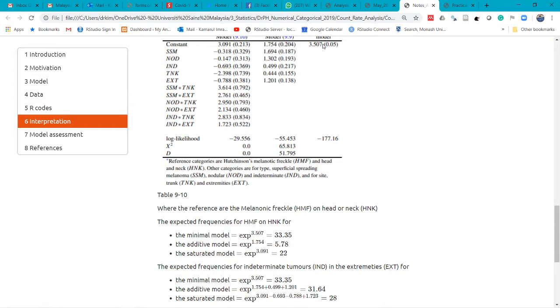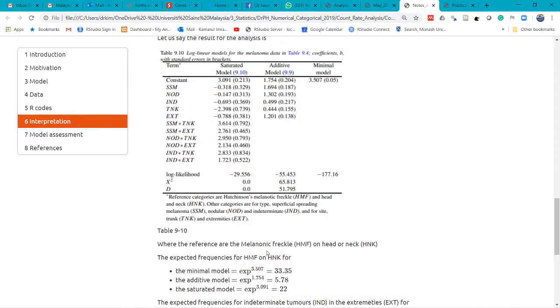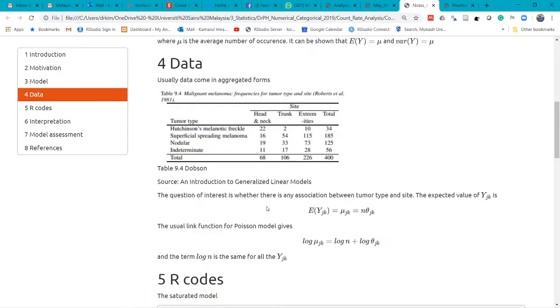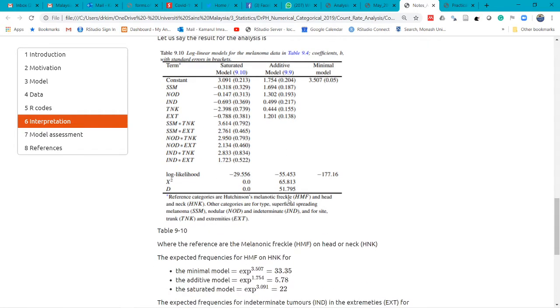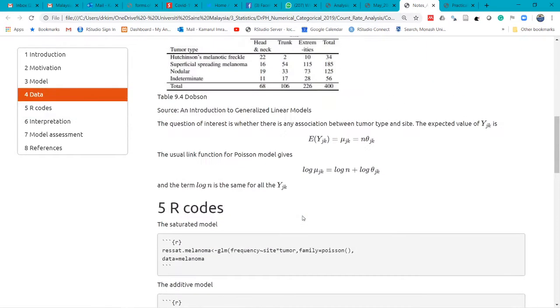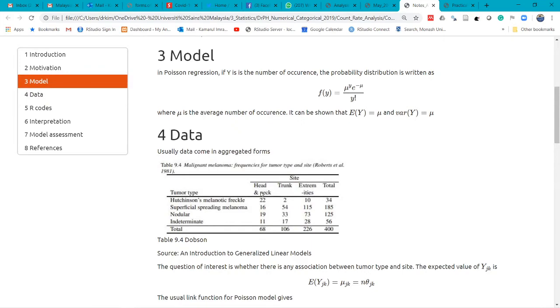So for the additive model, the expected frequencies for the Hutchinson melanotic freckle, because the baseline for this group is basically Hutchinson melanotic freckle, HMF, where every other thing is zero, then the expected frequencies for HMF on head and neck, because the baseline for site is head and neck.